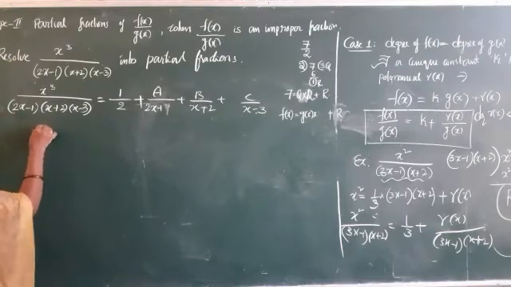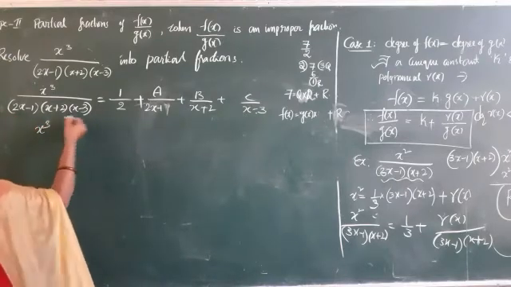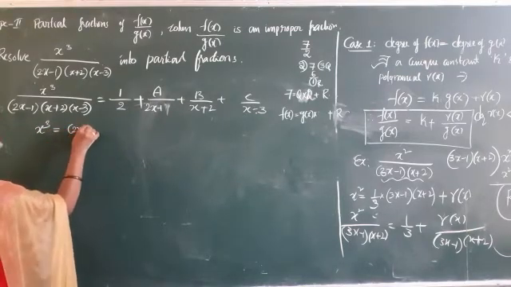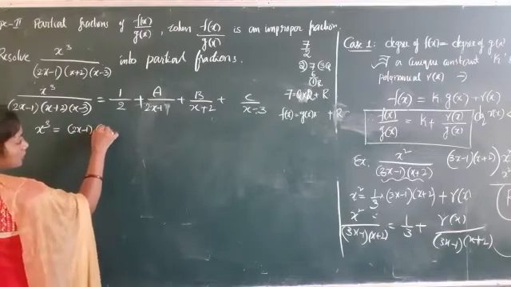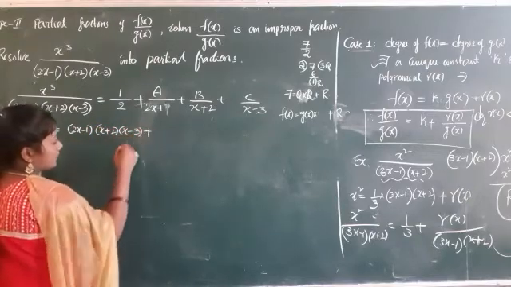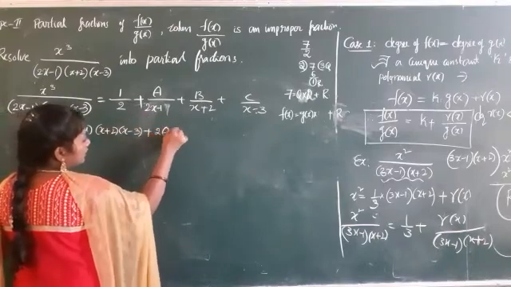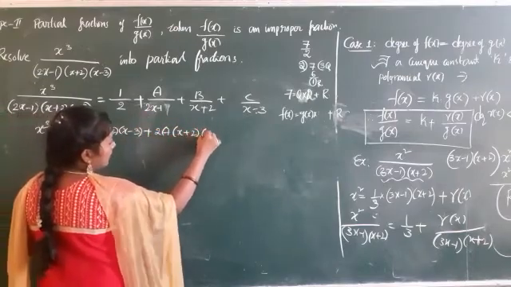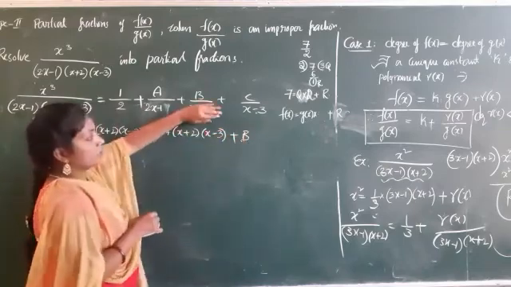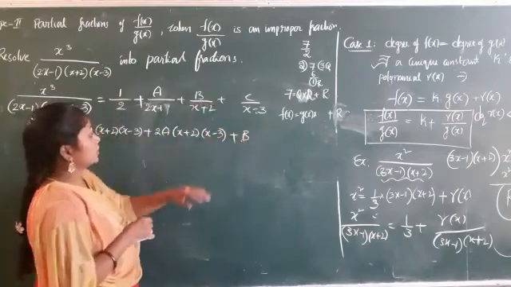Okay, let us solve it. By taking the LCM, the denominator parts get cancelled. I am writing directly here: (2x minus 1) into (x plus 2) into (x minus 3) plus 2 into a into (x plus 2) into (x minus 3) plus b into, how much? You only have (x plus 2), but you have to get all the factors, right?